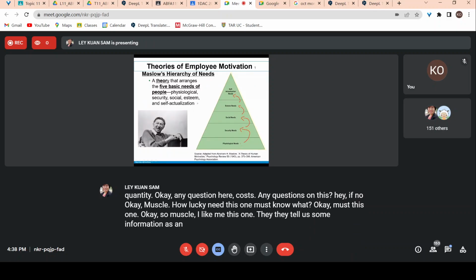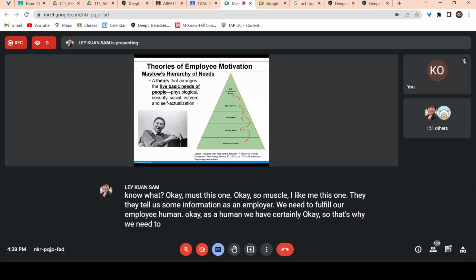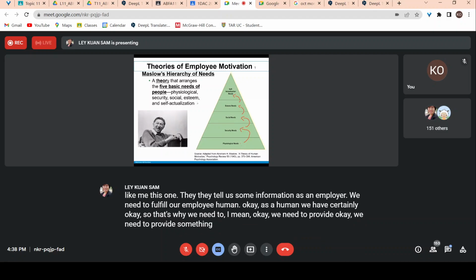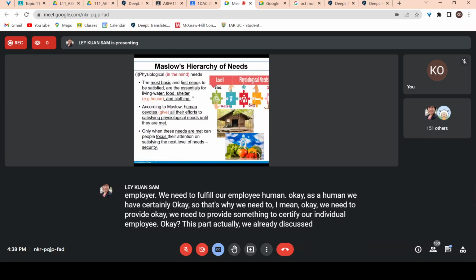As an employer, we need to fulfill our employees' human needs. As humans, we have certain needs, so we need to provide something to satisfy each individual employee's needs. This part we already discussed. Any question here?